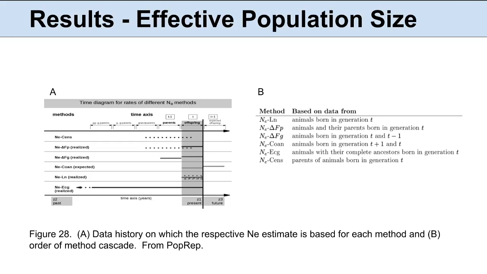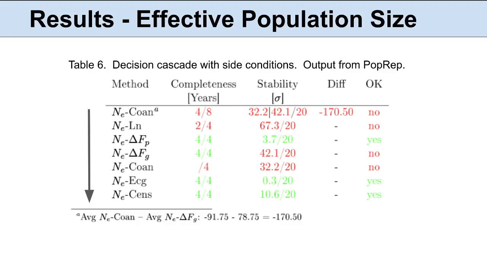Now that we have these 6 possible methods, PopRep then has a decision cascade with side conditions that looks at both completeness in years for the methods in question and the stability of the population over those years. If this population is complete over those years and stable, then we get the yes, okay check.